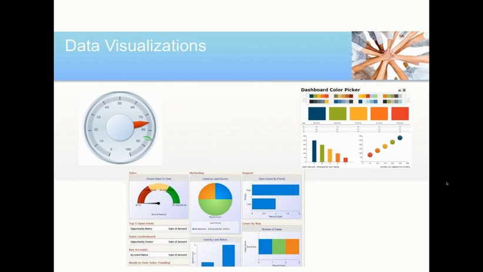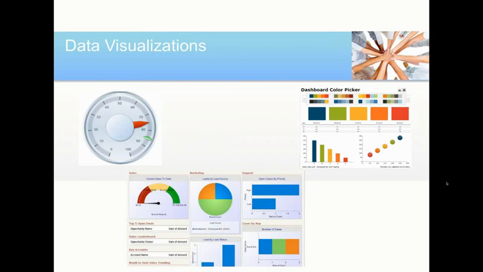So as far as data visualizations go, dials are great to use. And as you can see here on the left, there's a great dial here with a green marker, which is where the company should be at. And the red marker is where they're at. So they can kind of gauge and see how far they have to go to reach their goal. And this is a great visualization for a company.